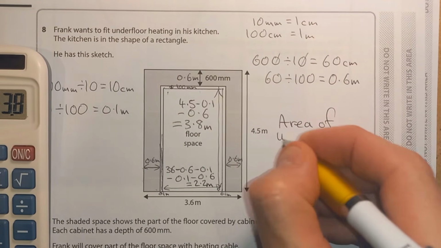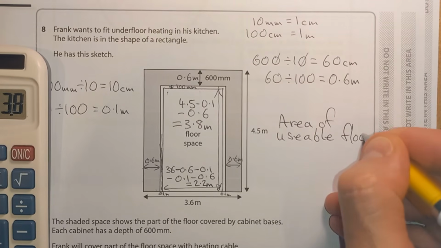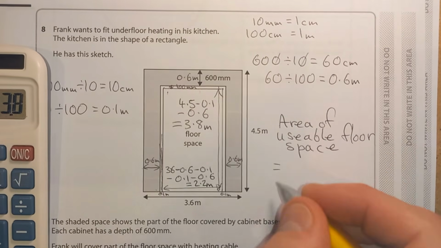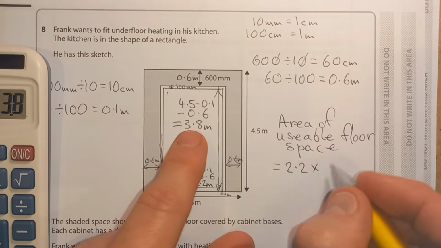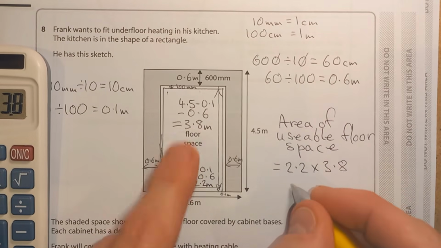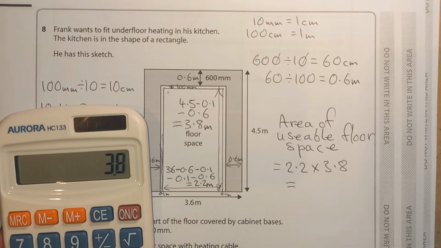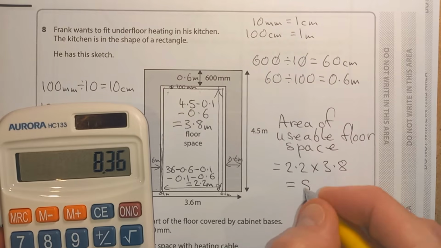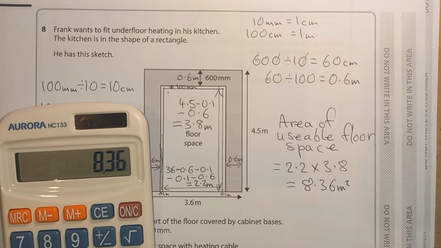So I'll put area of usable floor space. So it's going to be our 2.2 times our 3.8. We've already got 3.8 in there, times 2.2 gives us 8.36 meters squared.